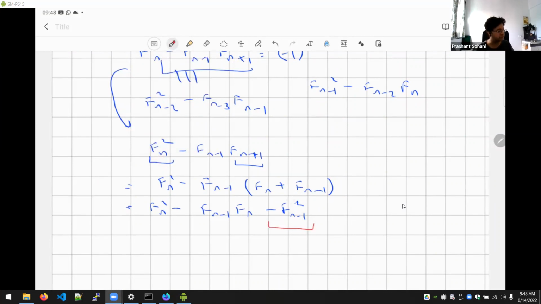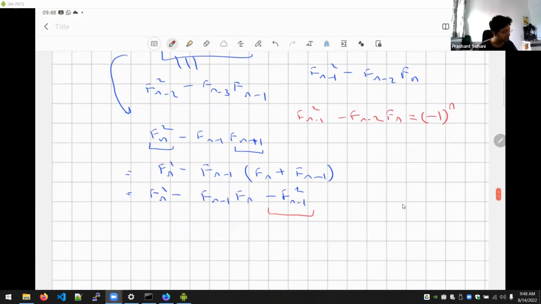So now this minus Fn minus 1 square can be replaced with the suitable term from the induction hypothesis. So if we assume that Fn minus 1 square minus Fn minus 2 Fn is equal to minus 1 raised to n, okay, then this will be equal to Fn square minus Fn.